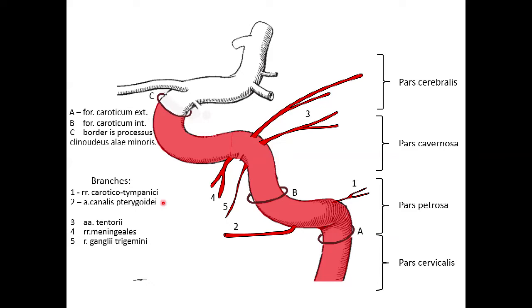So number 5 serves for this blood supply of the trigeminal nerve. And more superiorly, the same cavernous region prolongates into the next, cerebral part.